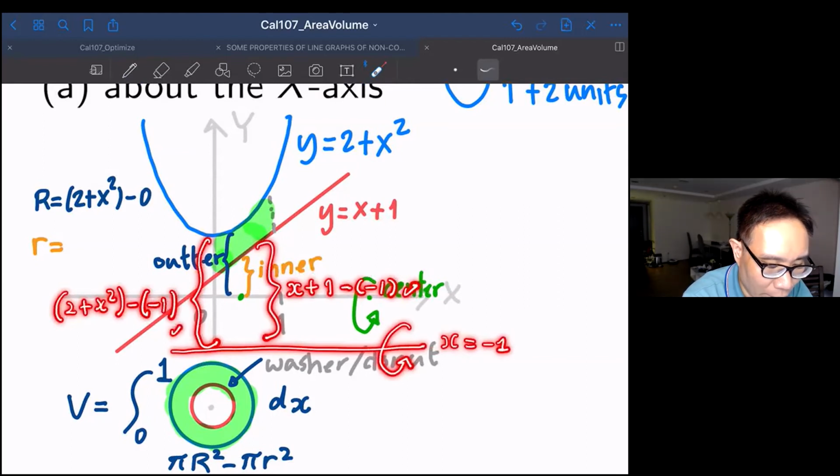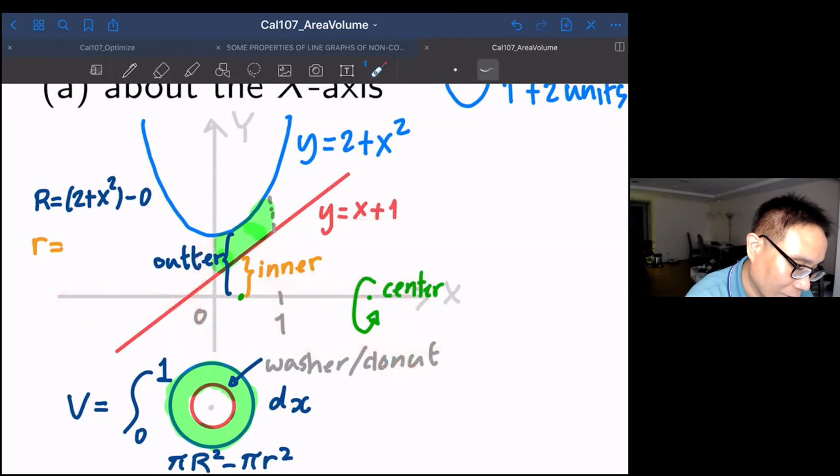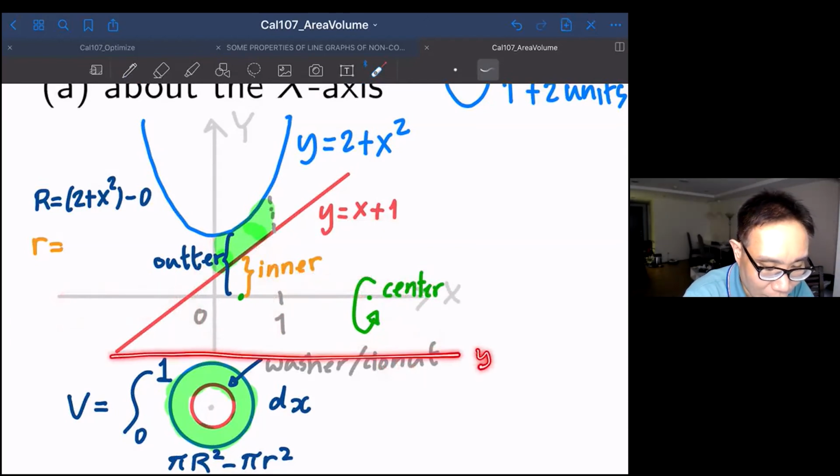Okay, so you see that you have new inner and new outer if you are rotating about the line y equal to negative 1. Okay, so this one is not x equal to negative 1. It's going to be y equal to negative 1. Sorry, so this one is y equal to negative 1.